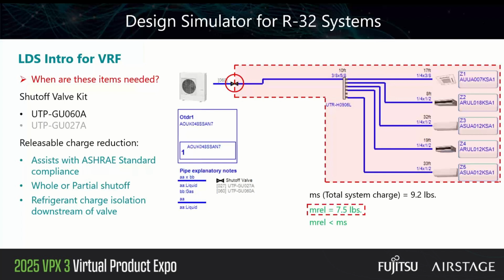So what we see is a whole shutoff option here. So by comparison, if you look on the lower right, if we have a 9.2 pound system charge, by putting in a single shutoff valve kit, we can reduce that by a little over 1.5 pounds, and that difference alone may make the refrigerant charge compliant with the safety standard.